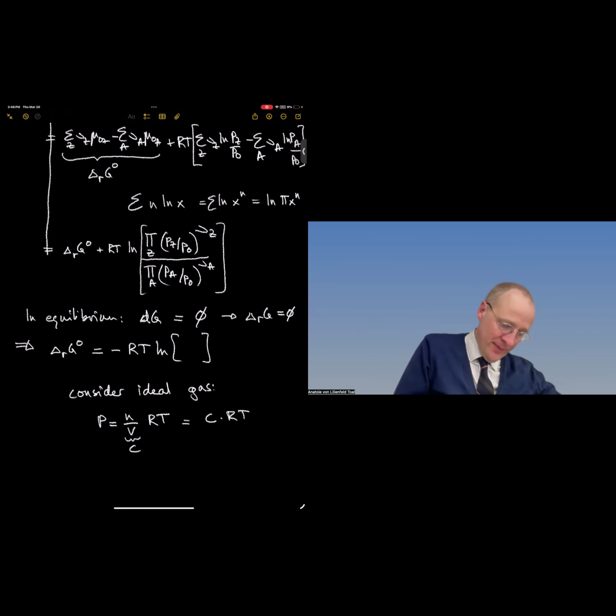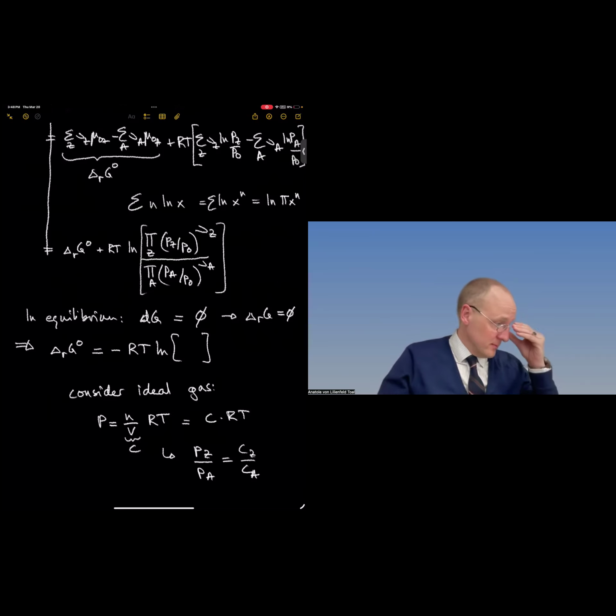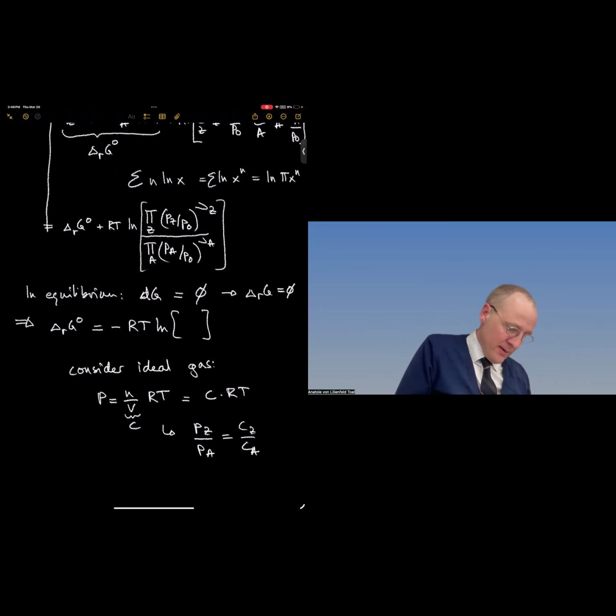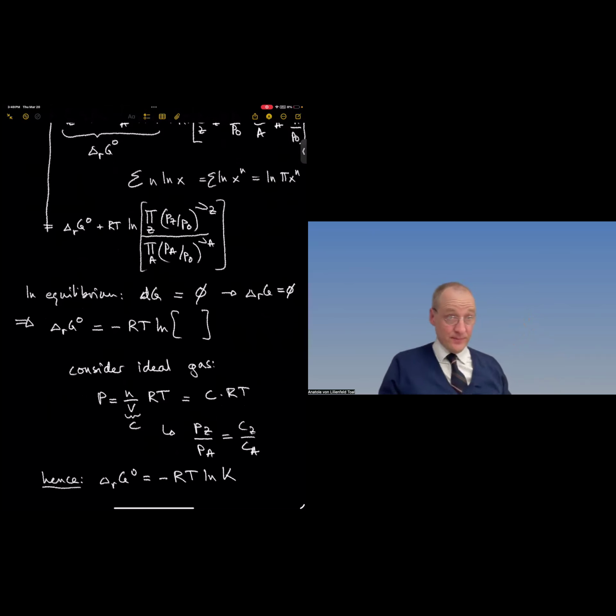And then if you have the ratio of product pressure over reactant pressure, the RT cancels and it becomes the ratio of the concentrations. And hence, your delta_r G0 equals minus RT logarithm K.